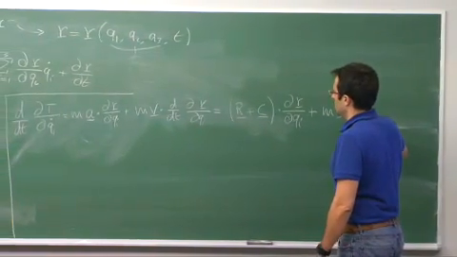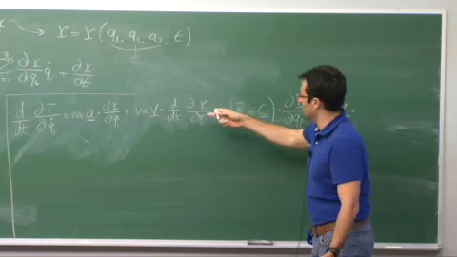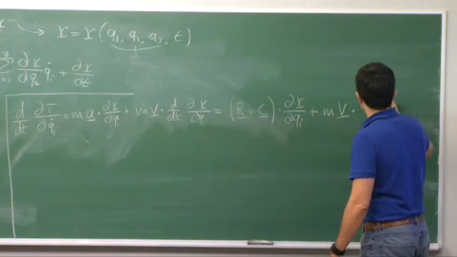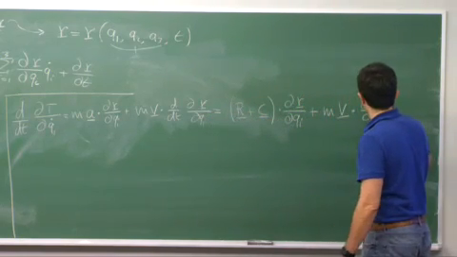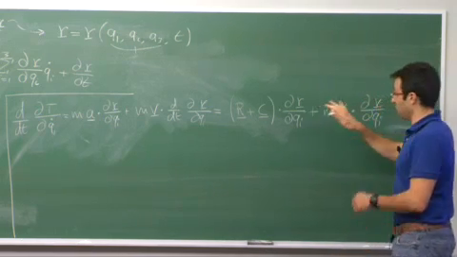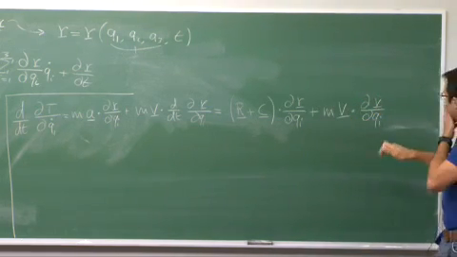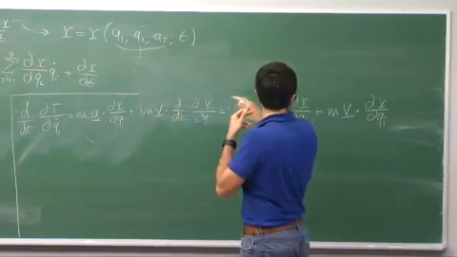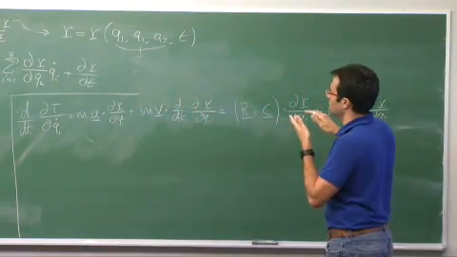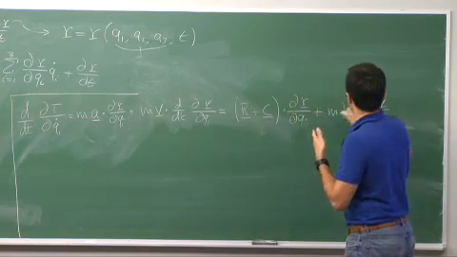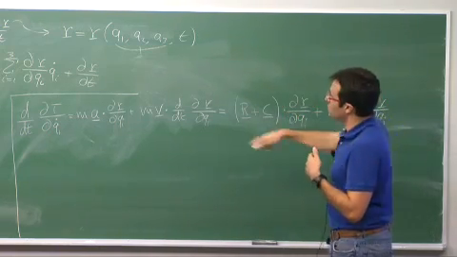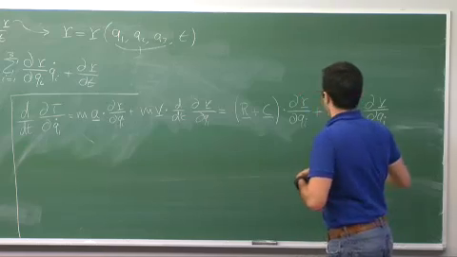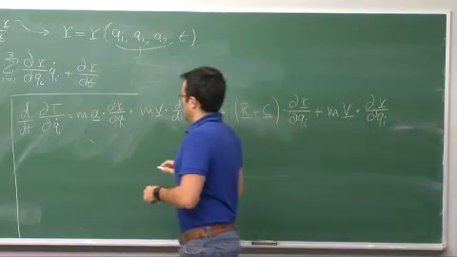mv dotted with d/dt of r, which is v. So that's the partial of v with respect to qi. Do we agree with this step? mv dv/dqi is d/dt of that with respect to qi. So let me go down here.